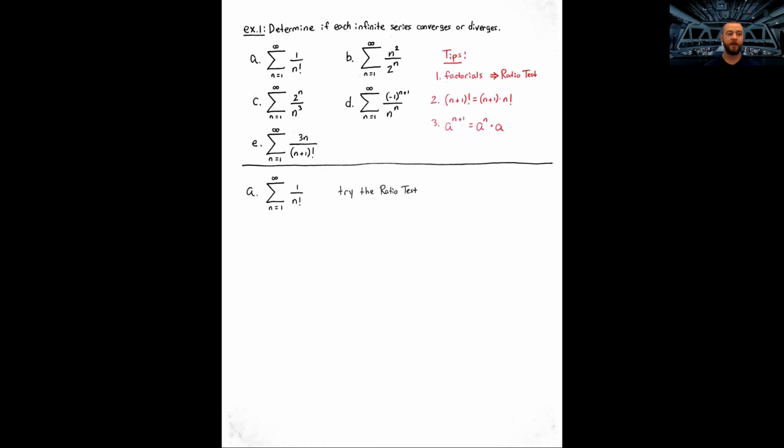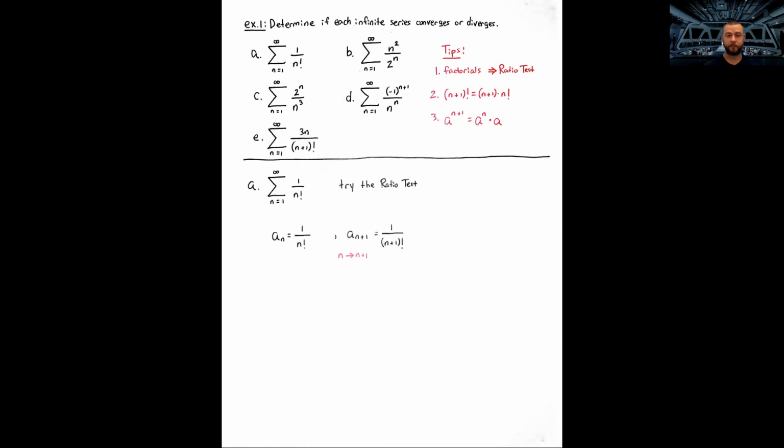Since we have our term as 1 over n factorial, that's tempting us to want to apply the ratio test. So let's go ahead and do that. We take a look at our term a sub n, which is 1 over n factorial. We're going to replace anywhere there's an n in that general term with n+1. Here it's only in the denominator, so n factorial goes up to n+1 factorial when we make that replacement.